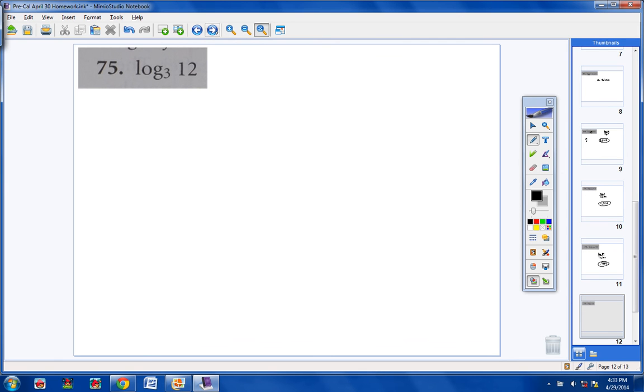Moving on to numbers 75 and 77. Now, on these problems, the directions say find the logarithm using the change of base formula, but they want you to use natural logs instead of common logs. So, notice we have base 3, and your calculator does not do base 3. So we're going to take the natural log of 12 divided by the natural log of 3.